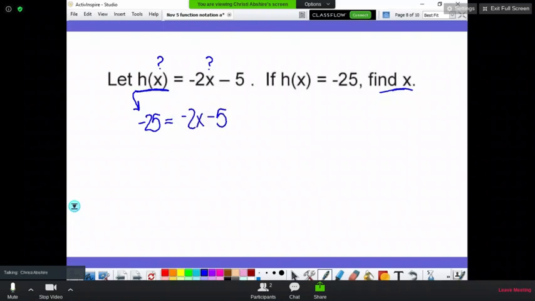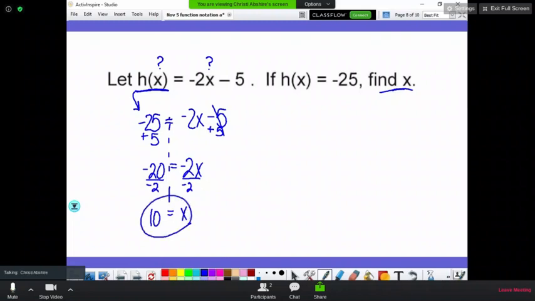Then I have a two-step problem to solve. Start by adding 5 on both sides. I get negative 20 equals negative 2x. Then I'm going to divide by negative 2 on both sides, and I get positive 10 equals x. They asked me to find x. I have x.